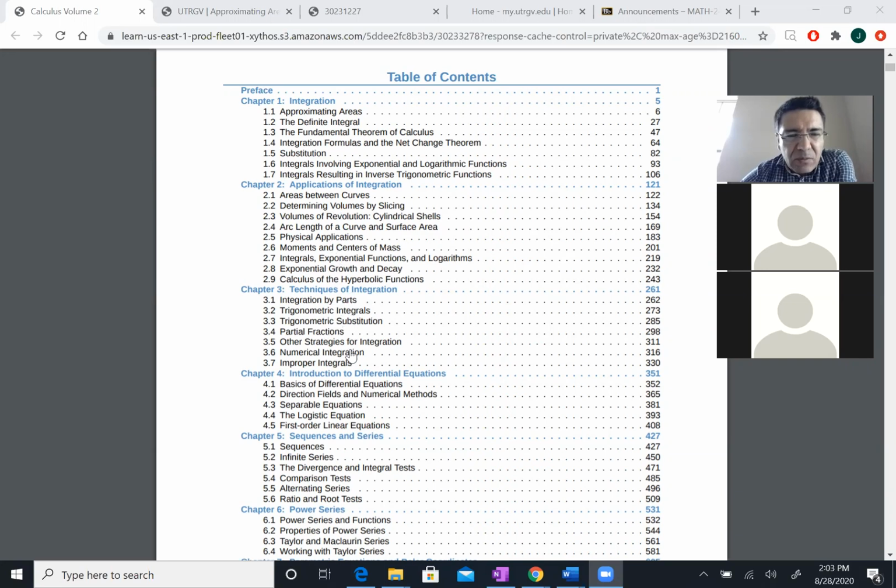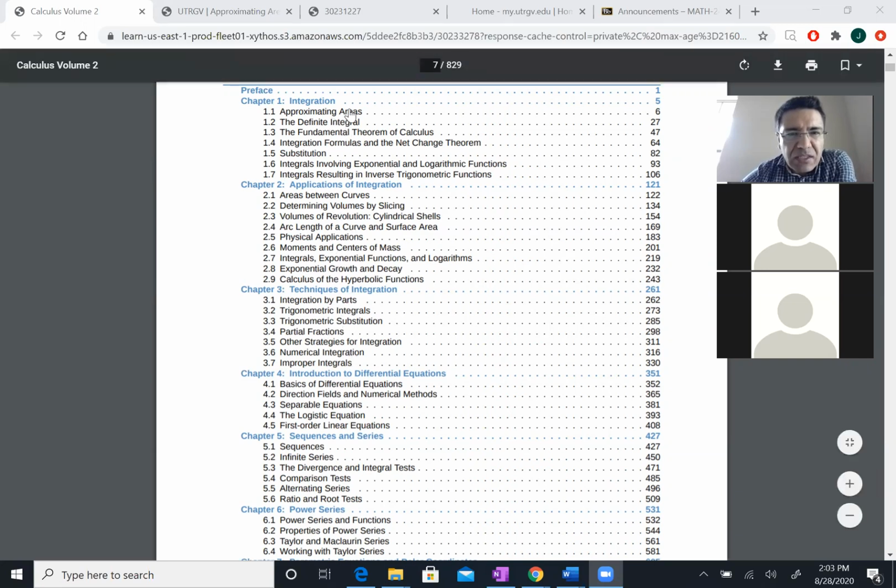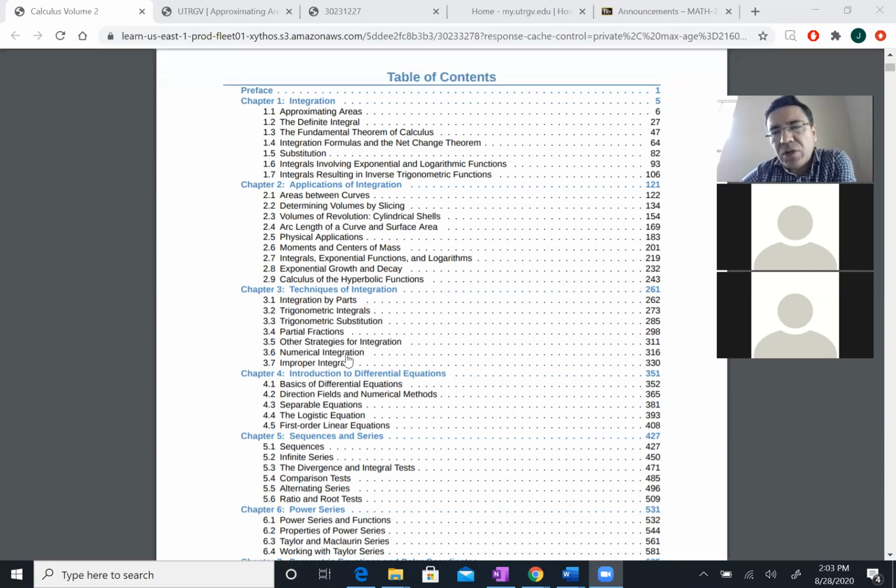Today we're gonna finish approximating areas with numerical integration, which is very similar to what we did with left hand sum and right hand sum, Riemann sums. We're gonna discuss the other methods we have, called the trapezoid method and the midpoint method, to approximate integrals. That's what I want to do today, section 3.6.